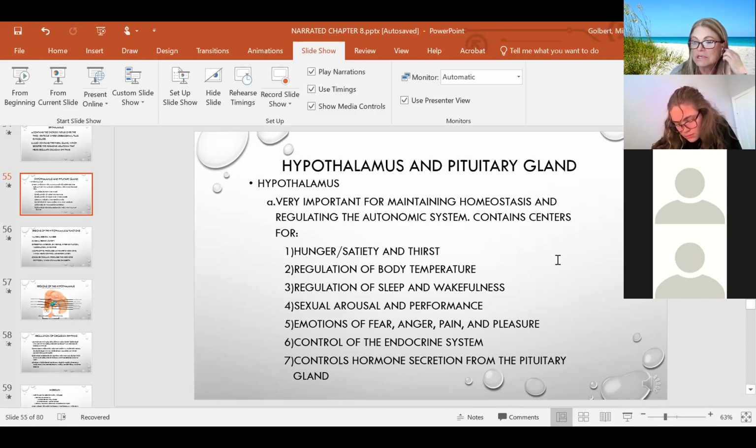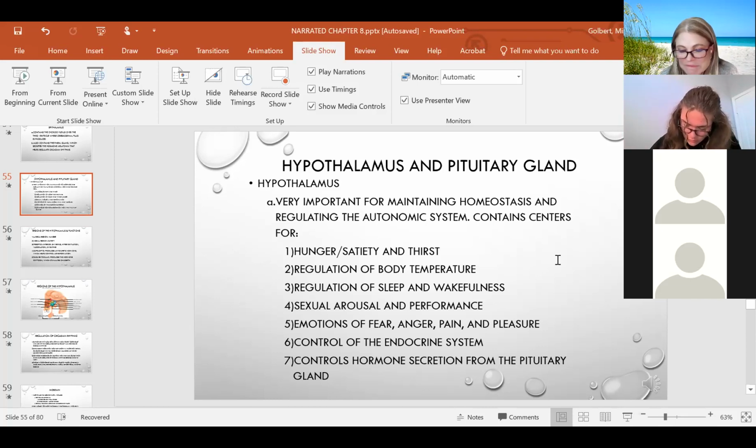It has the regulation of sleep and wakefulness, very similar to the thalamus. It's involved in sexual arousal and performance. It also has to do with emotions of fear, anger, pain, and pleasure, along with the amygdala.